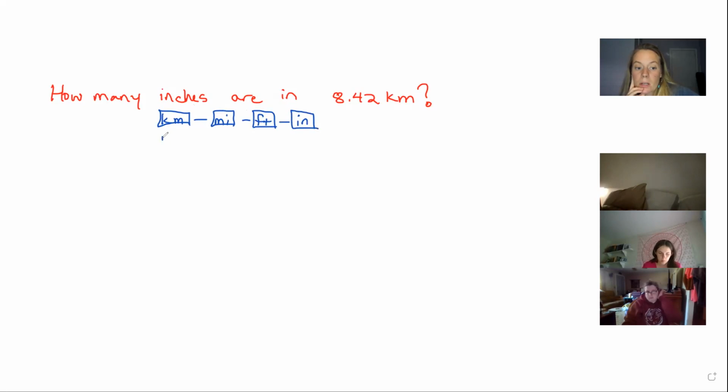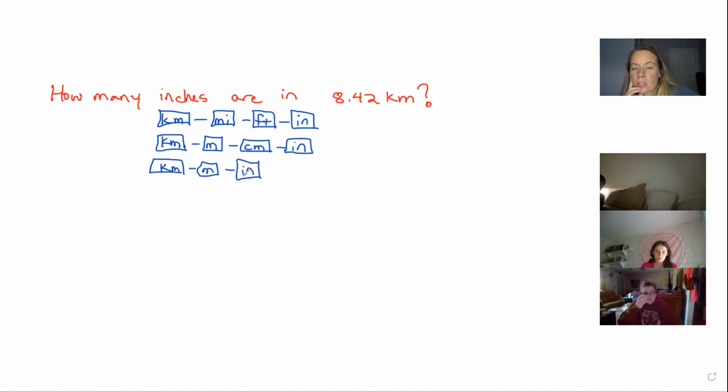Sometimes people like to go kilometers into meters, meters into centimeters, centimeters into inches. What other things have I seen? Sometimes people go kilometers into meters and then meters directly into inches because they know the relationship there.